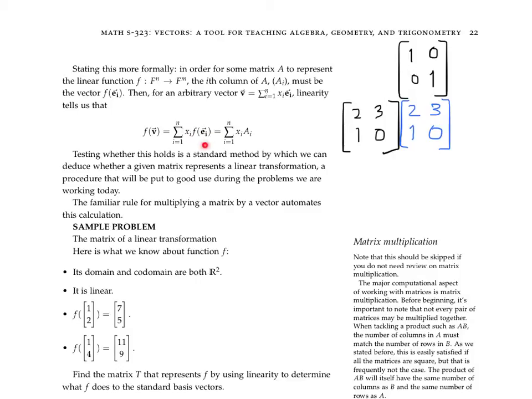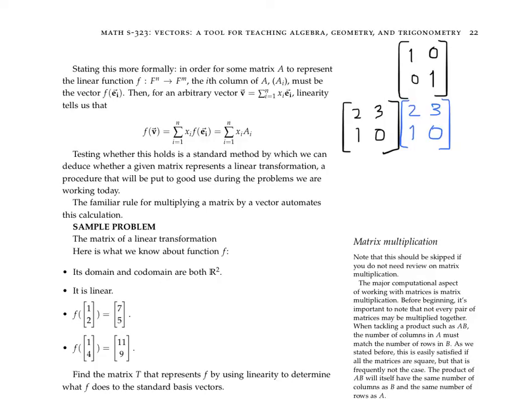So that's how we're able to simplify f acting on e sub i down to a sub i, where a sub i means the ith column of the matrix A. So that's what that means, based on how matrix multiplication works, the linearity of the transformations that we're talking about when we're using matrices, and the fact that we can write any vector as a sum of multiples of standard basis vectors.